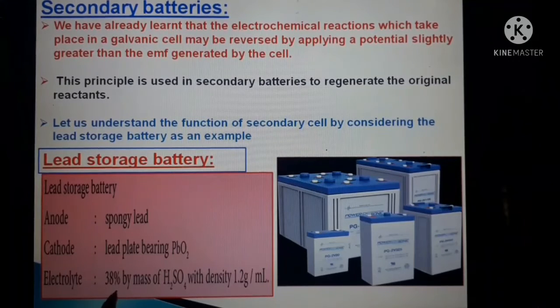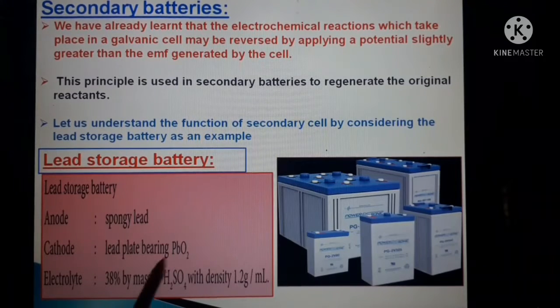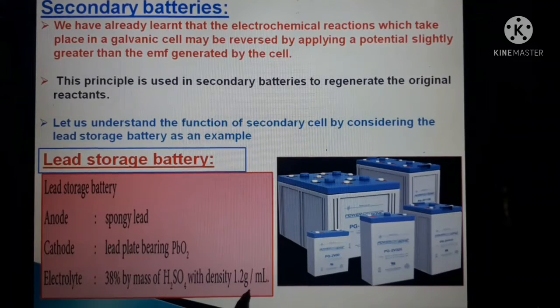The electrolyte is very important: 38% by mass of sulfuric acid with density 1.2 gram per milliliter. Okay, 38% sulfuric acid, normal density is 1.2 gram per ml. Okay, this is important for the lead storage battery.